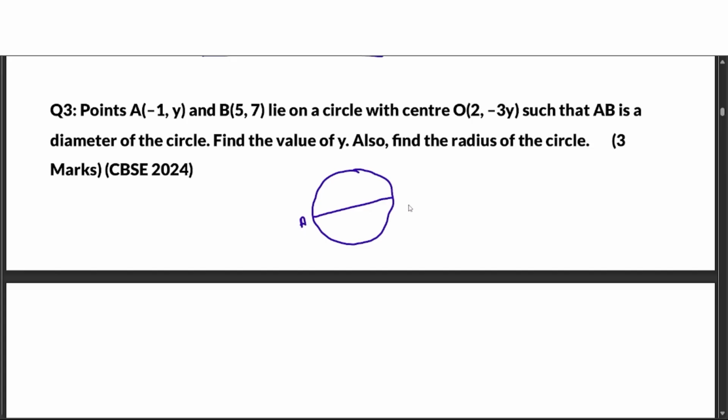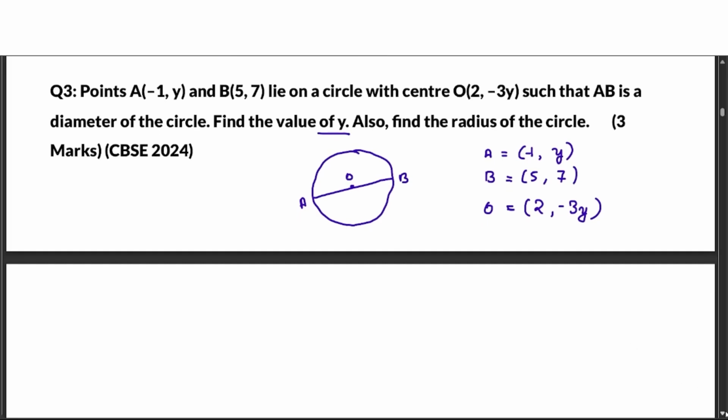So this is A, this is B. Okay, and this O is your center, and you know that A coordinates is given as (-1, y), and B coordinates is given as (5, 7), and next O center is given, O coordinates (2, -3y). Okay, so first we have to find two things. One is the value of y, and second is the radius.